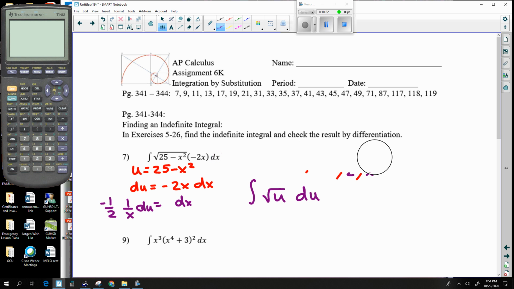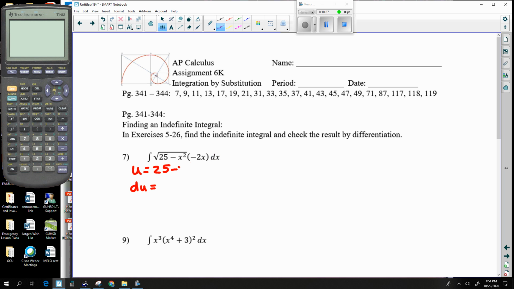Again, how do I do this? Again, because I've done this, I see that the coefficient needs to be negative 2, so what do I need to do to it? Nothing. It's all good. I don't have to add any extra pieces to this problem. So this is going to be equal to the integral of the square root of u, aka u to the 1/2, du.